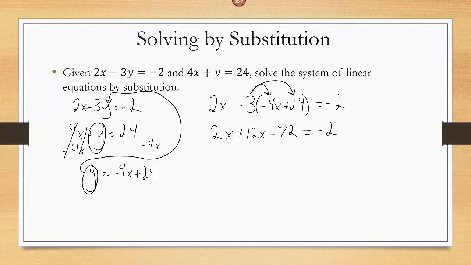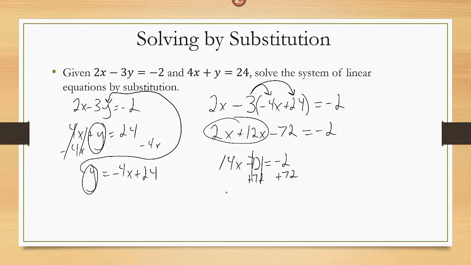Now we want to combine our like terms on each side. So these are like terms. So 12 plus 2 is 14x minus 72 equals negative 2. Next, I want to get x by itself. So plus 72 to both sides. This cancels.